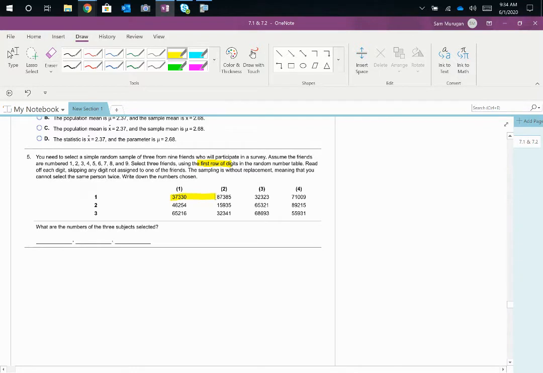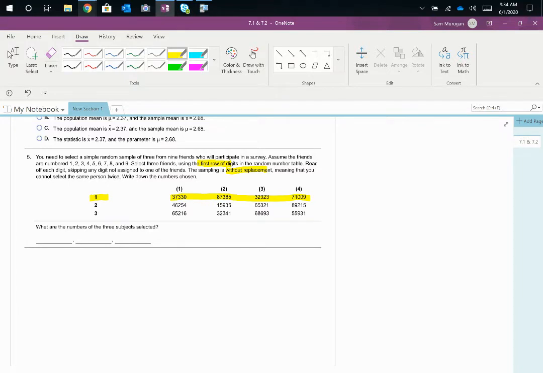So we're going to use this row 1. Read off each digit, skipping any digit not assigned to one of the friends. The sampling is without replacement, meaning you cannot select the same person twice.